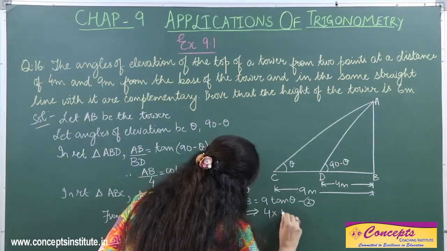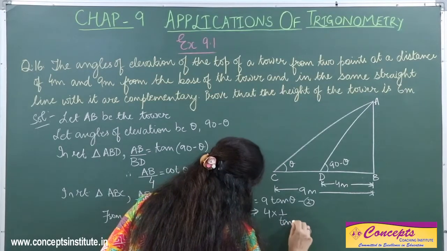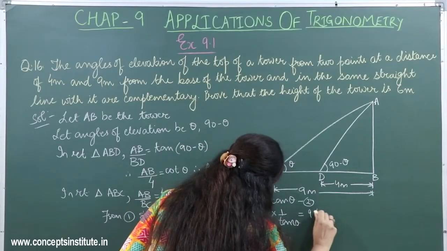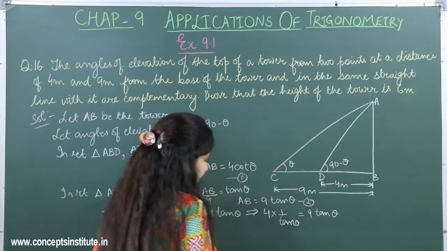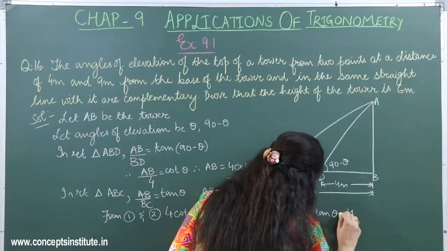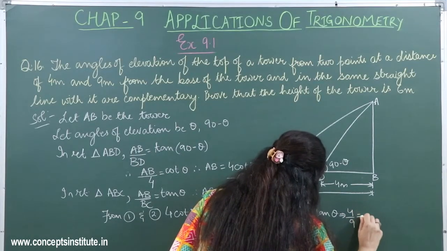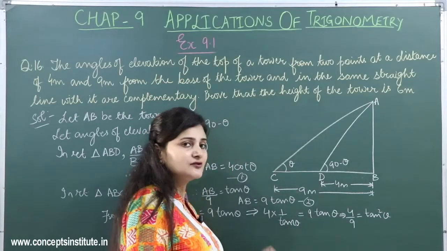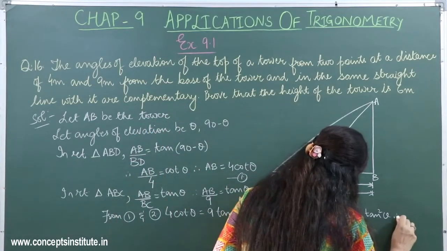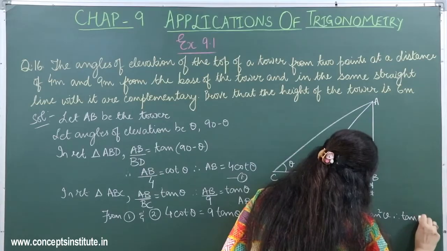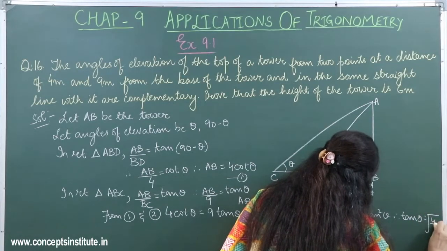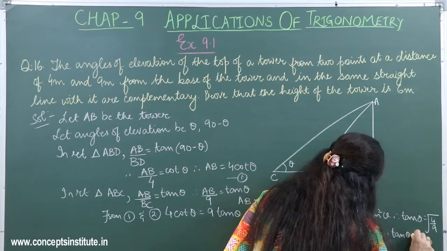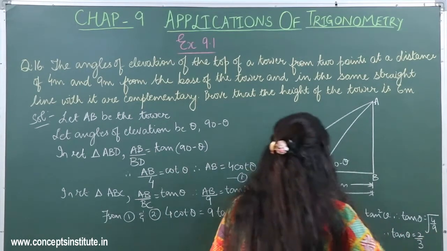So I would get 4 into 1 upon tan theta equals 9 tan theta, right? So I would get 4 upon 9 equals tan square theta. So therefore tan theta would be under root of 4 upon 9, therefore tan theta would be 2 upon 3.